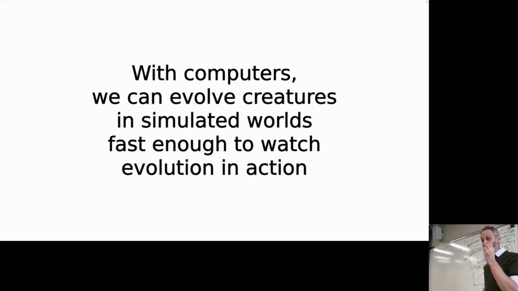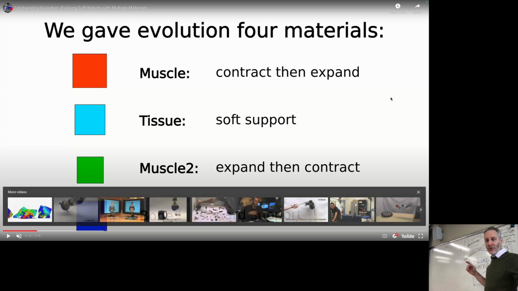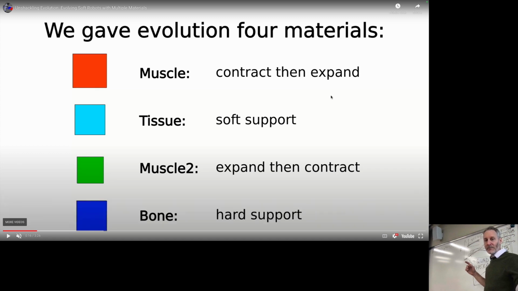All right. What you're going to see in a moment is a visual representation of what these 4 colors do. I'll just pause this here for a moment. Okay. Let's look at the blue ones. So the light blue here is called soft support.